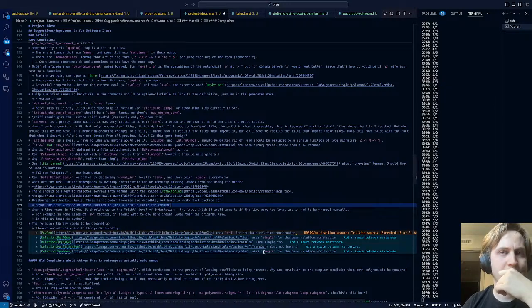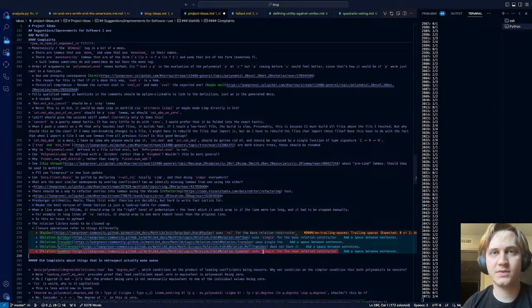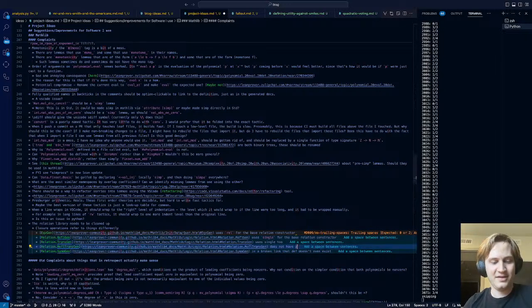So single, this one, okay, this one doesn't exist. Sorry. Okay, this is another point. This one is a broken link. That function does not exist. That def does not exist. Doesn't even exist. Single does not have a base relation constructor at all. The definition is bugged.